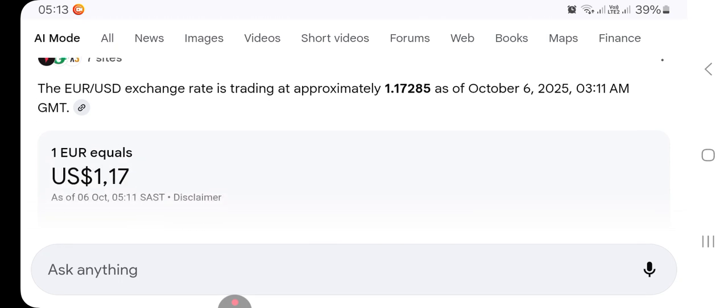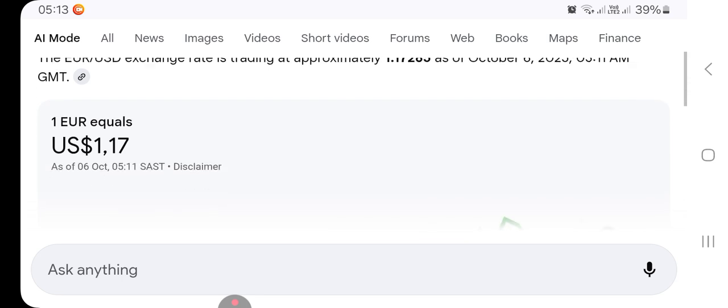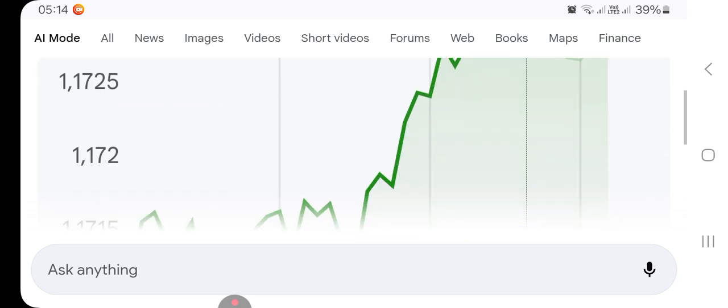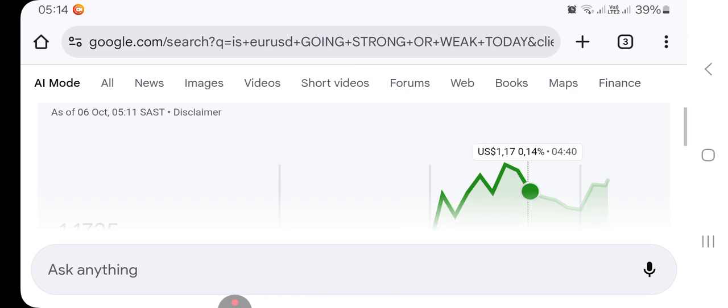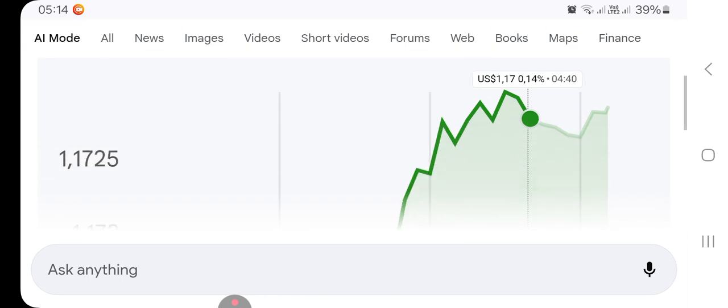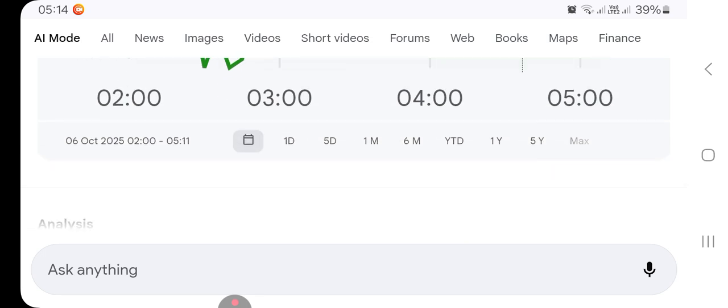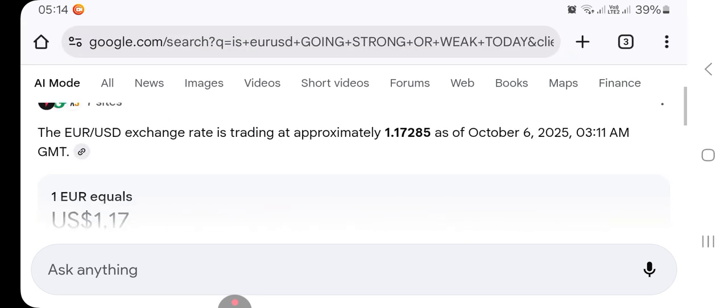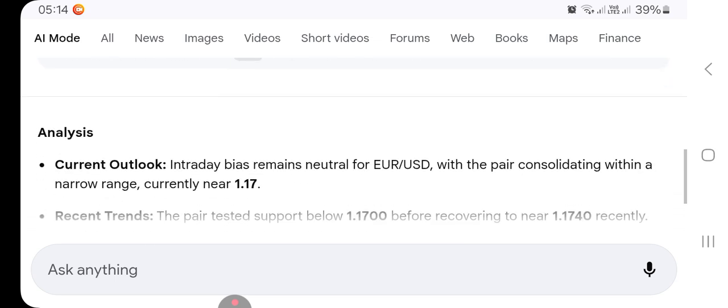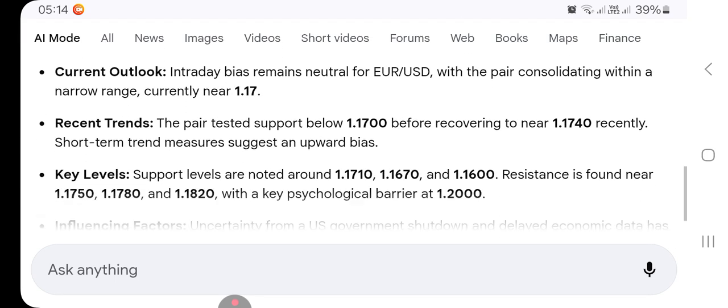The EUR/USD exchange is trading at approximately 1.17 as of October 6, 3:11 a.m., so they're giving us the movement. You can see it's green, which means the euro is buying the USD, since the USD is weakening.